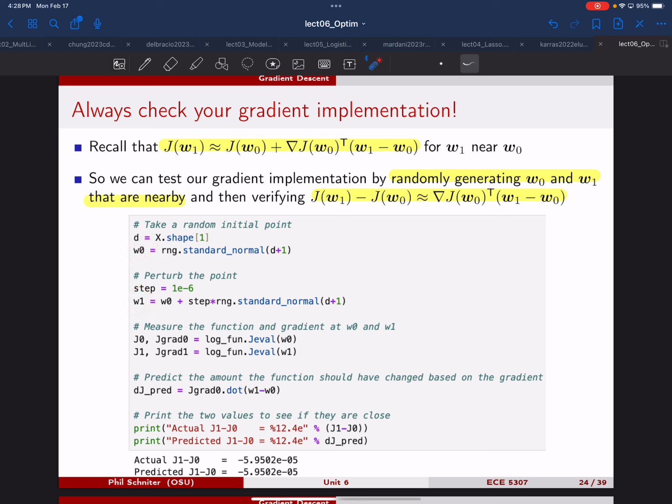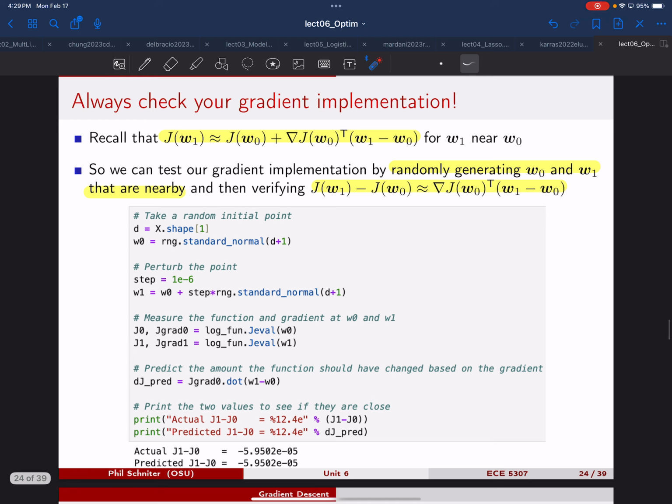And so now we want to check to make sure that this is true of our code. In some sense, this is going to check both the cost implementation and the gradient implementation of our code and make sure that they are consistent with each other. So we just run our log fun, our evaluation of cost and gradient at W0, and then we evaluate it at W1.